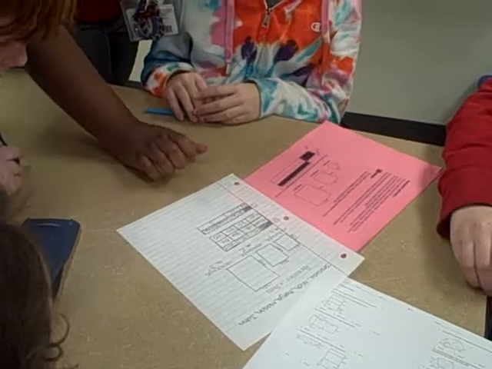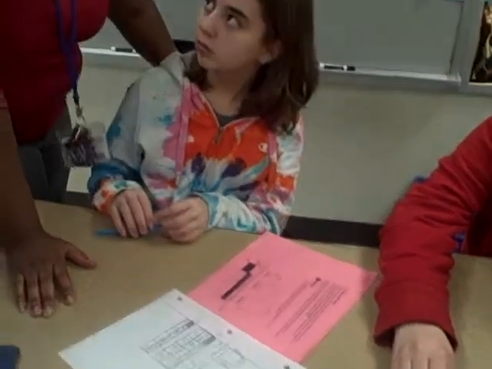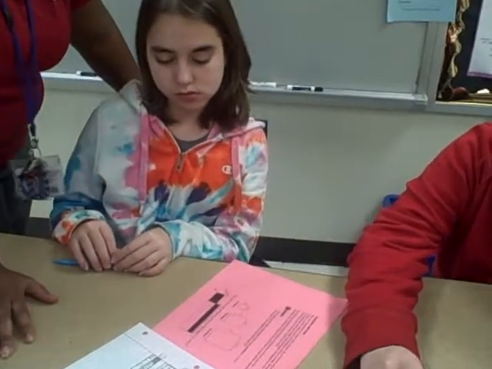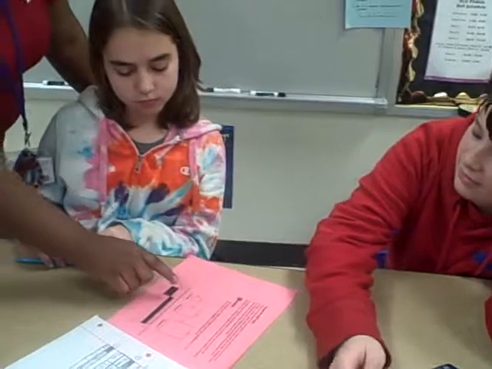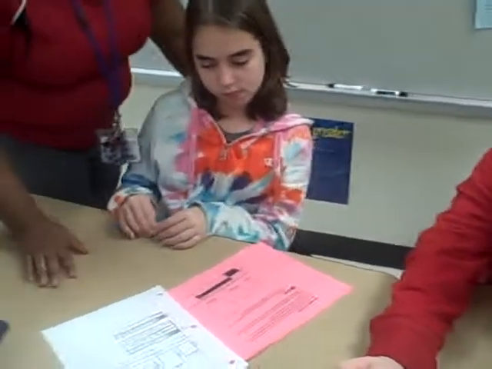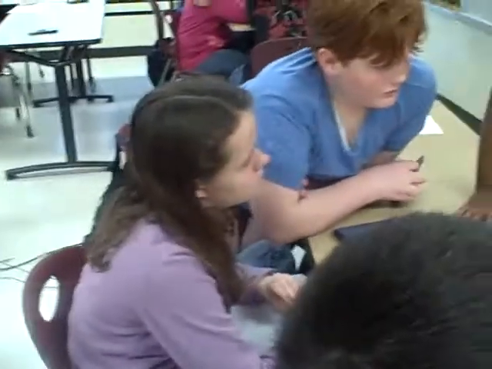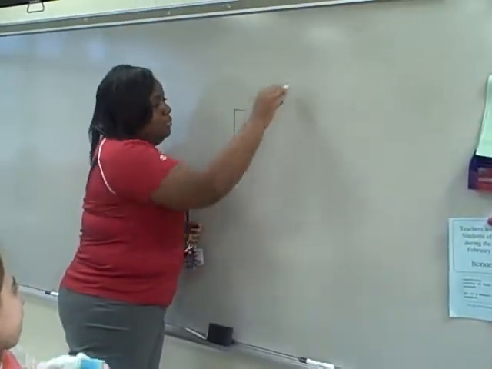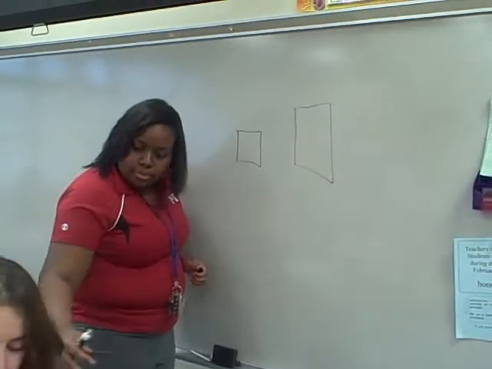Awesome. Will that happen with every rectangle? No. What do you mean? If I double a rectangle, will its perimeter double? Okay, let's prove it. Give me some numbers, any numbers.